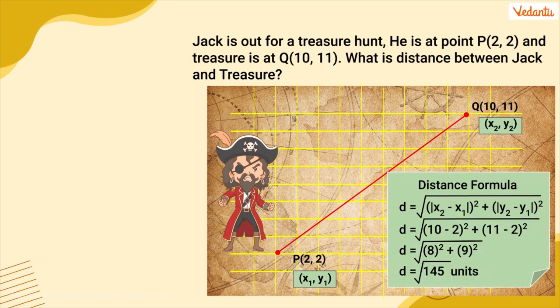So now we can apply the distance formula: (x2 minus x1) whole square, simply take the difference of the x values whole square, plus the difference of the y values whole square. We get the distance between Jack and the treasure as under root of 145 units. I hope it is clear.